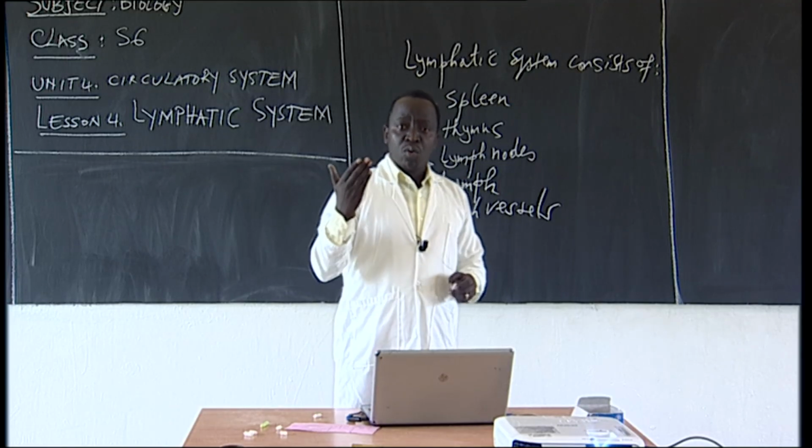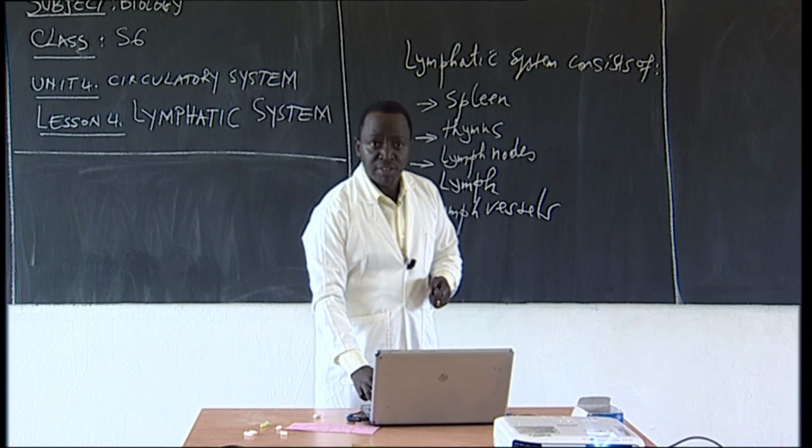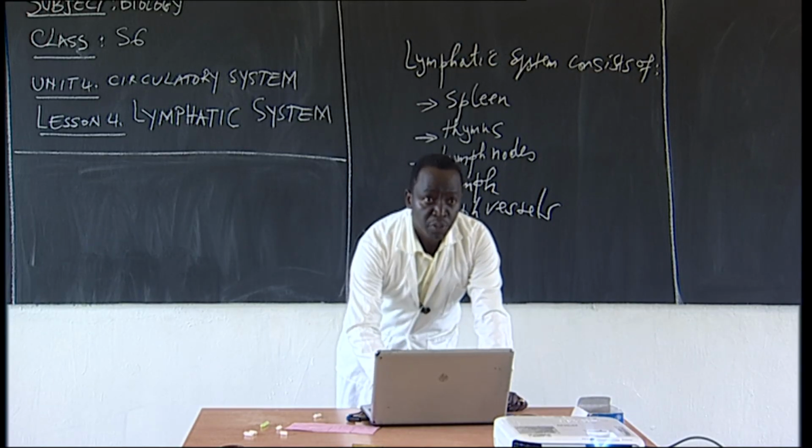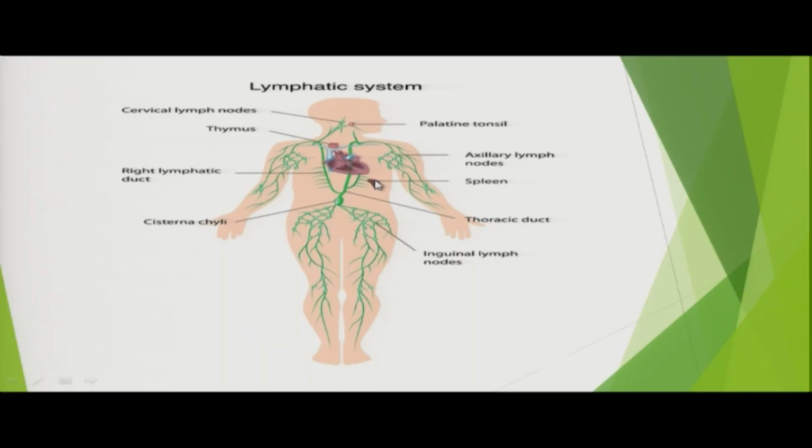Now, what is the spleen? Let's look at the screen. We have the spleen here. It's the largest organ of the lymphatic system. What is the role of this spleen? In the foetus, do you know what a foetus is?